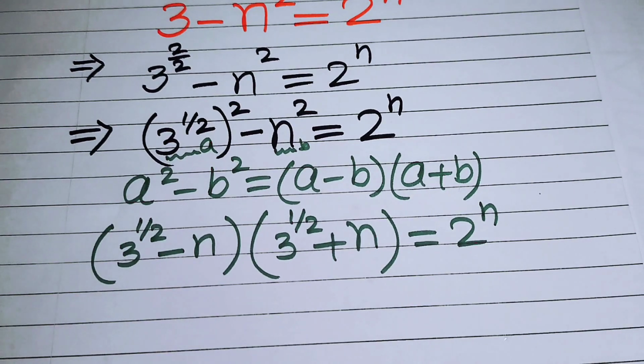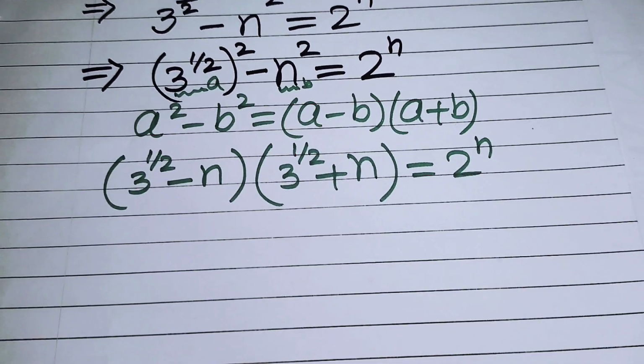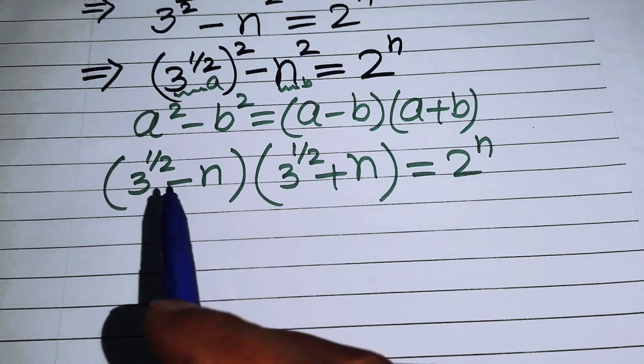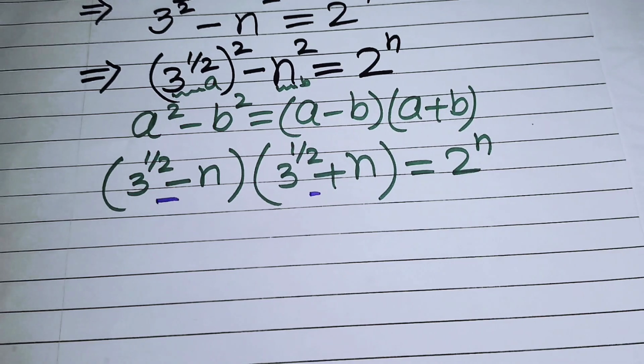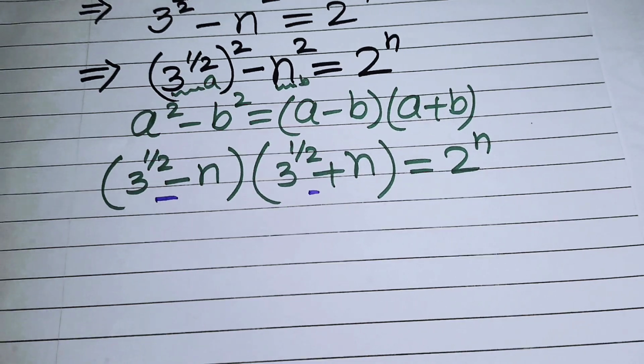And in the next step you will focus on the left hand side, and we see that it has two factors multiplied by each other. The one is this factor and the other is this factor, and in the right hand side we have only one factor, which is 2 to the power of n.